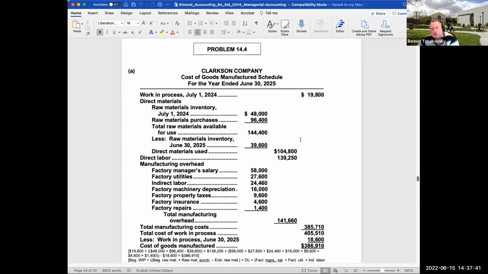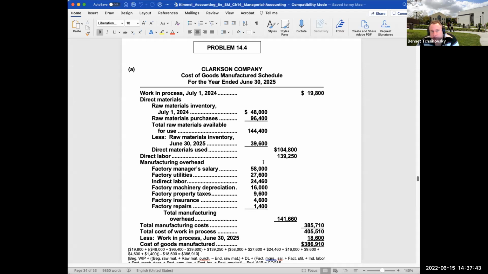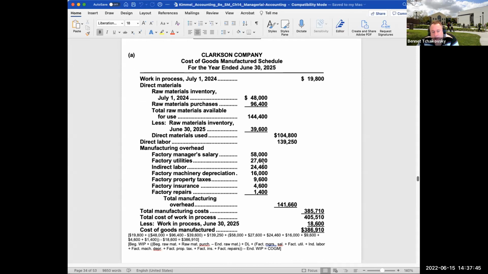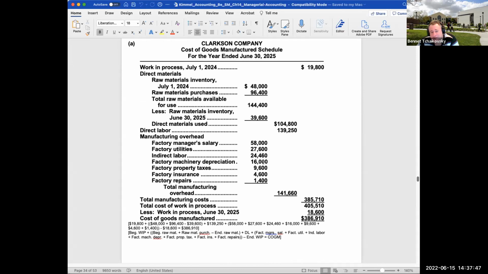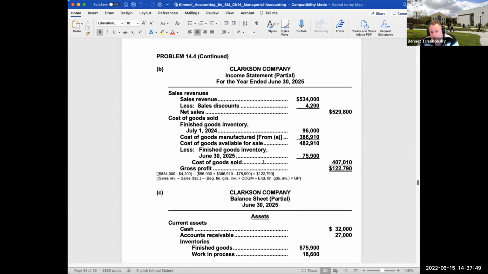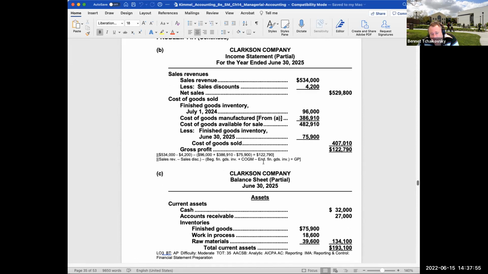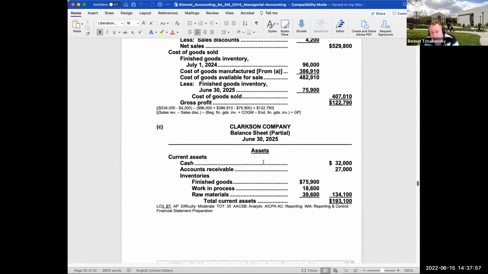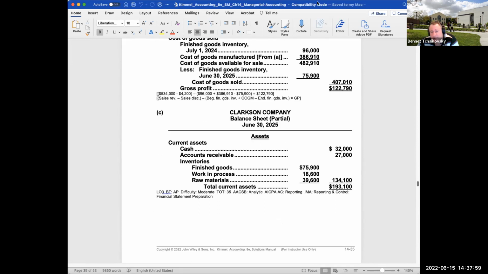But in any event, just to show you the insanity of cost of goods manufactured. Just give me a moment. My showing you this is just to ask: do you want to do something like this, or do you want to use the T accounts? I mean, this is just nuts. To me, using the T accounts is a much easier way to do it.